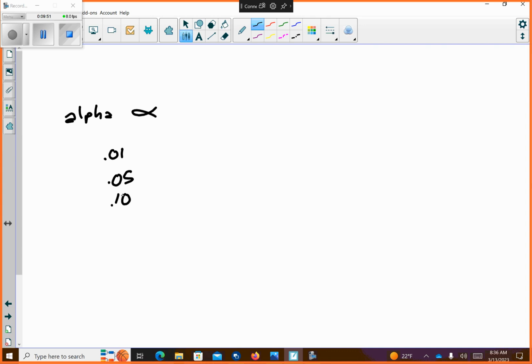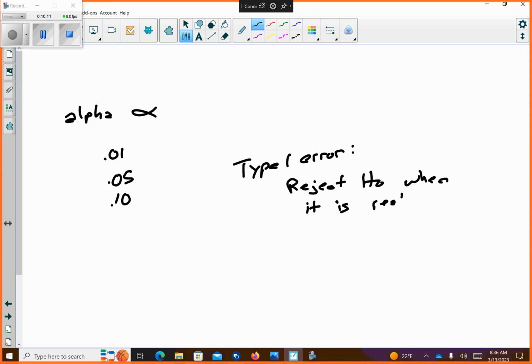So remember, a type 1 error is when we reject the null when it's really true. All right, so a real loose situation on here. Are there people who are in jail or in prison right now that actually didn't commit the crime?